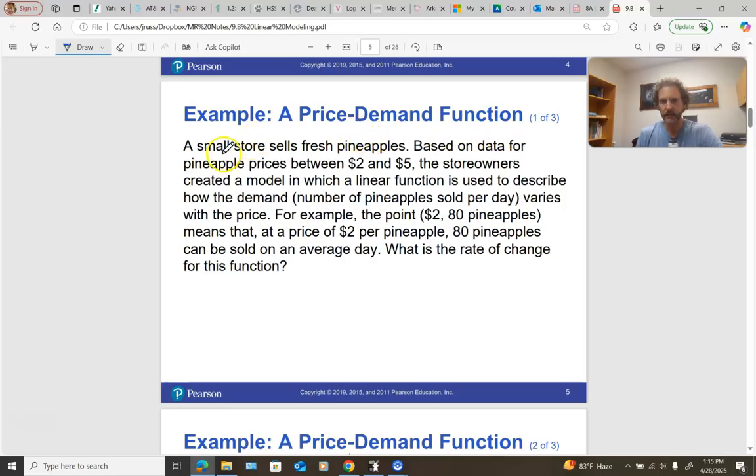Based on data for pineapple prices between $2 and $5, the store owners created a model in which a linear function is used to describe how the demand, the number of pineapples sold per day, varies with the price. Okay, so for example, this point, $2 and 80 pineapples, means that when a pineapple costs $2, you can expect to sell 80 of them.